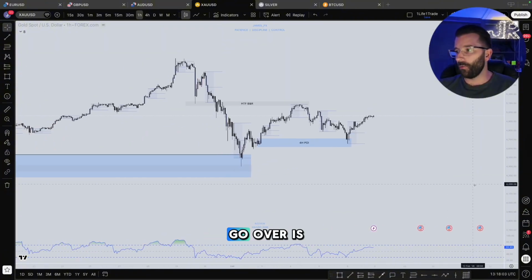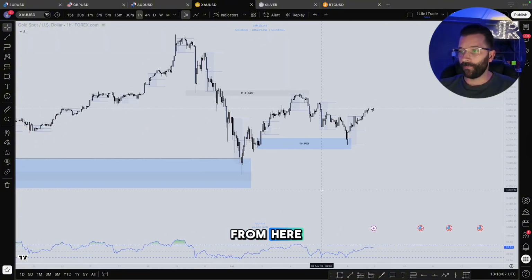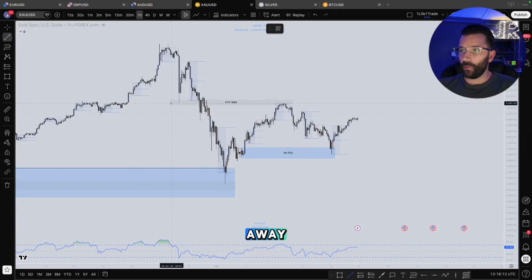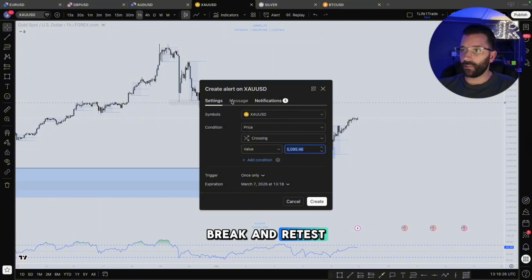So what I want to go over is we had our reaction from here. What I've done straight away, and I've said it on other videos, is I created this zone and I put an alert here, like that, for a break and retest.